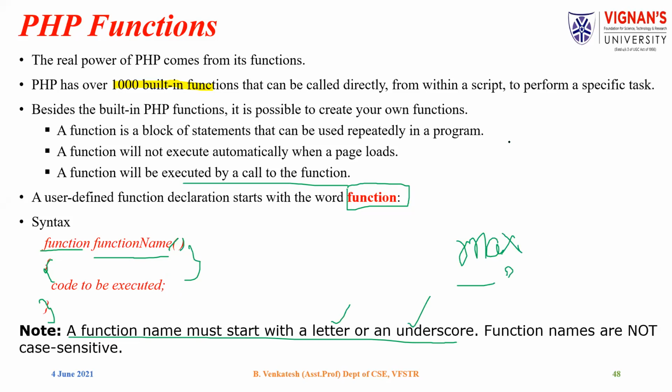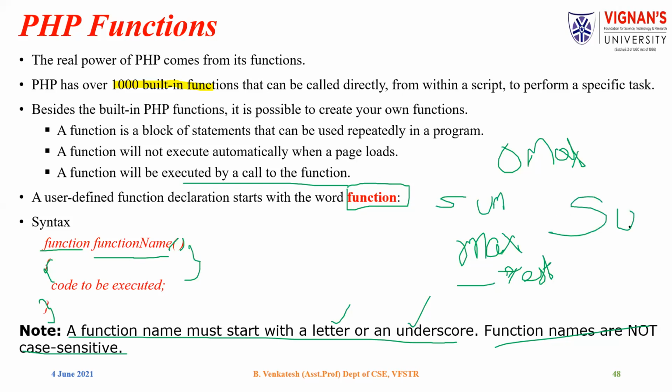But 0max is not valid. Also, function names are case sensitive. Case sensitive in the sense that SUM in capital letters and sum in small letters are both different, because this one has a capital S and this one has a small s. So function names are case sensitive.